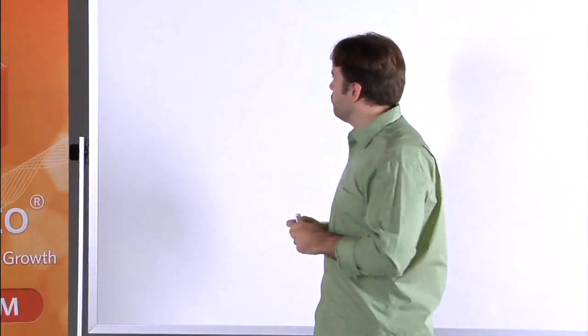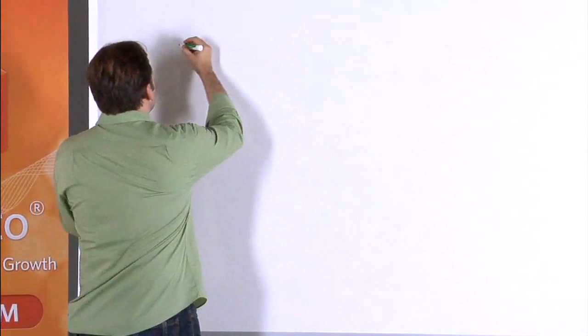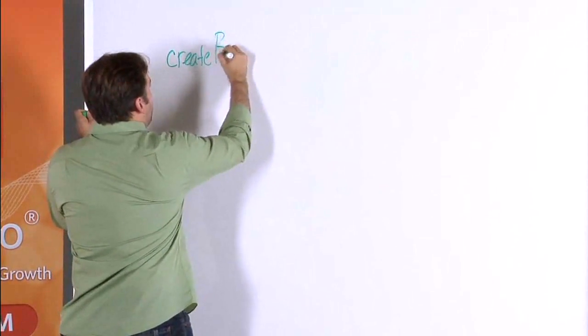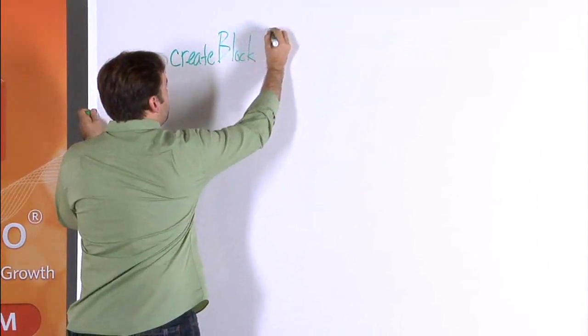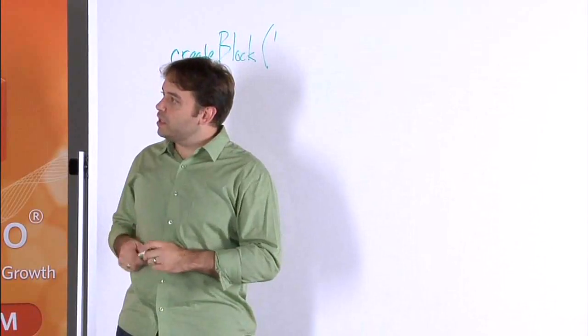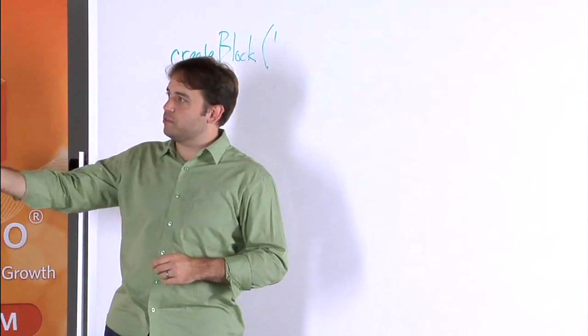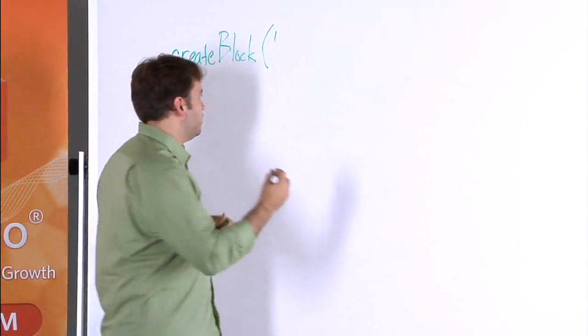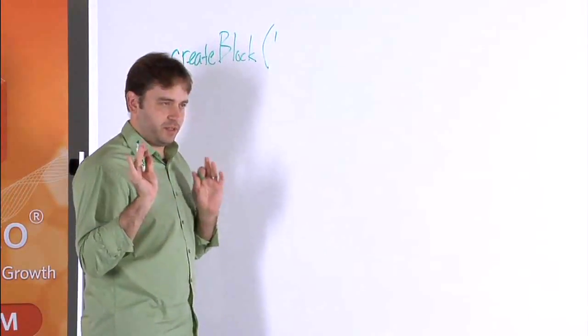What that looks like, for example, for blocks, we use a function called createBlock. So you would see create block. Let's say we have product view. That's a good block to use. We'll be dealing with this a lot.